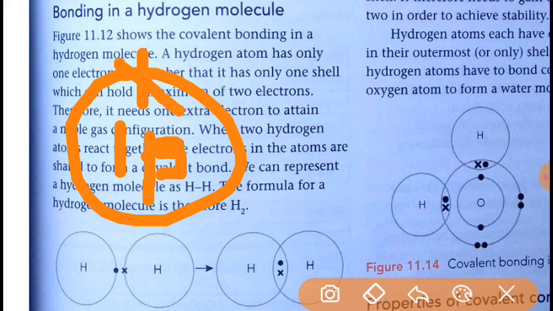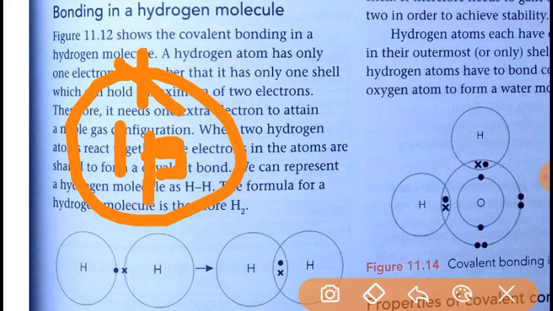So for hydrogen to become stable, it needs to receive another electron. Remember that the first shell becomes stable when it has two electrons. So hydrogen, to acquire a noble gas configuration, needs to receive one extra electron.